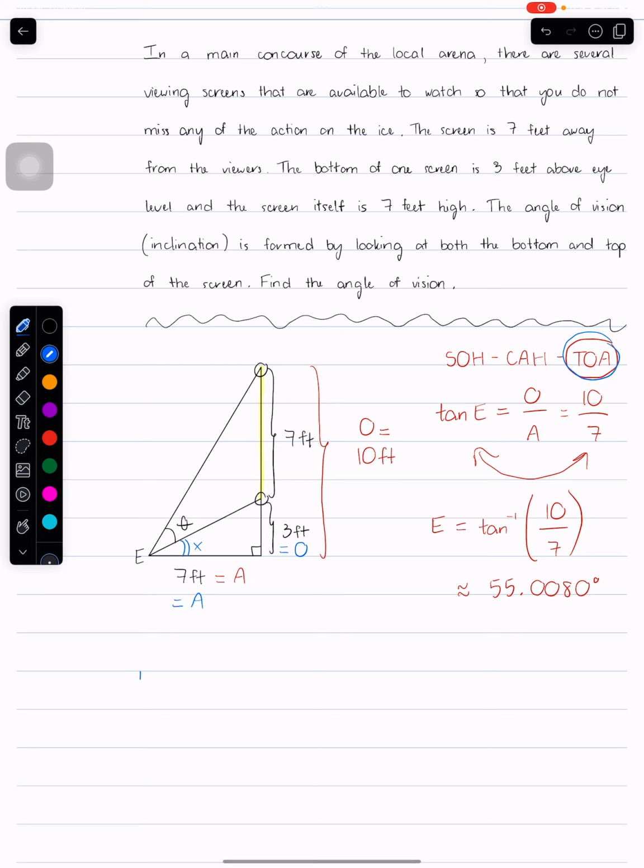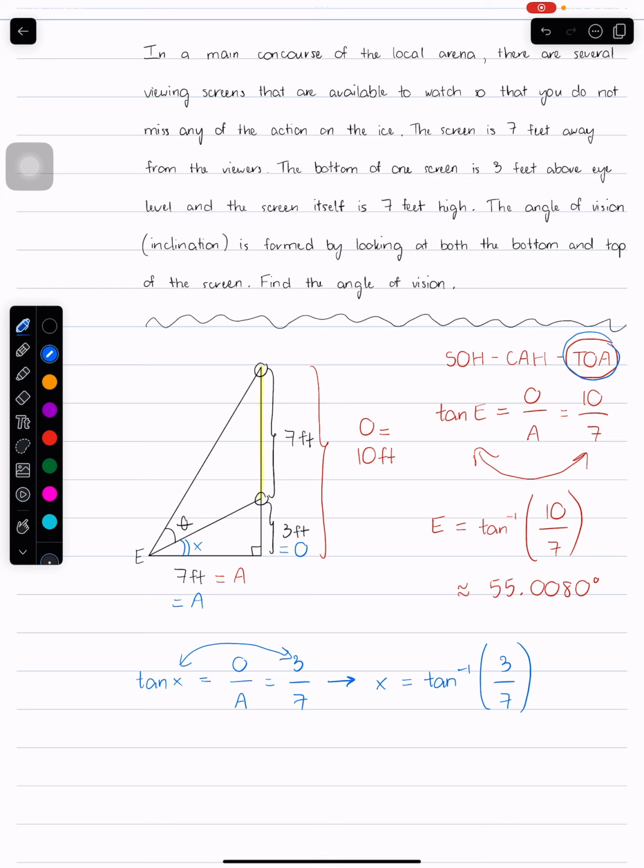Tangent of angle X this time equals opposite divided by adjacent, which is 3 divided by 7. And in order to get the X by itself, I'm going to do the same thing. X equals tangent inverse of 3/7. I'm swapping the roles of the angle and the value right here and here.